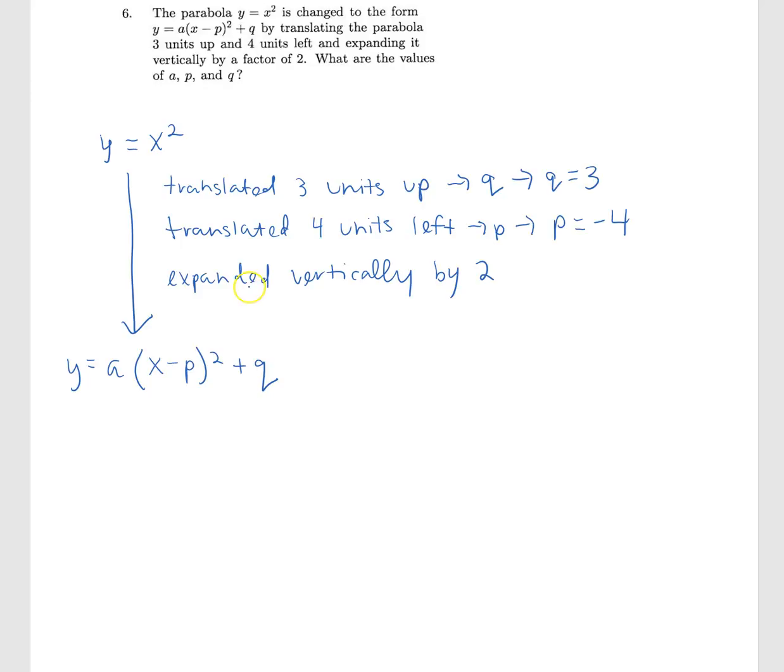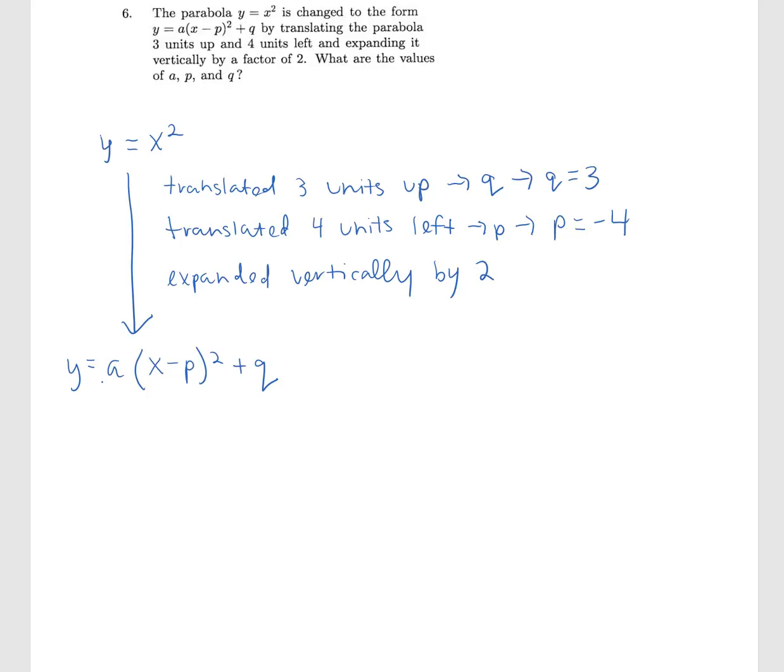So this last part, what we've been told is that we've expanded this parabola vertically by 2. In this case, the variable we're changing is a on the outside here, and a changes like you'd expect. So if a is greater than 1, we're expanding, and if a is smaller than 1, then we are contracting or squishing our parabola.